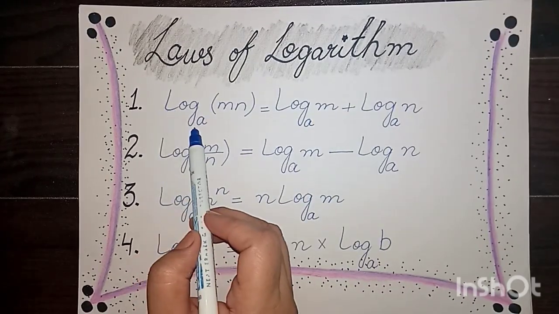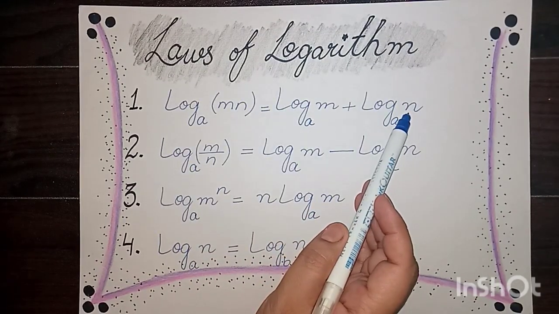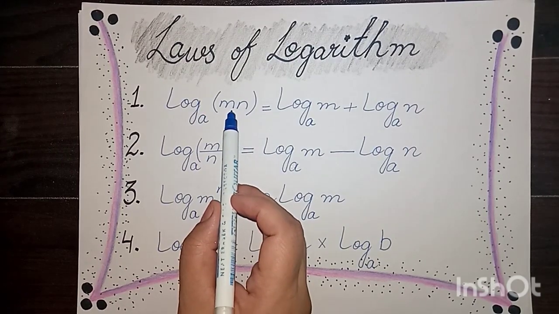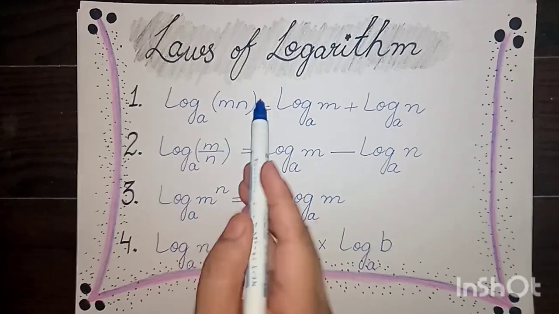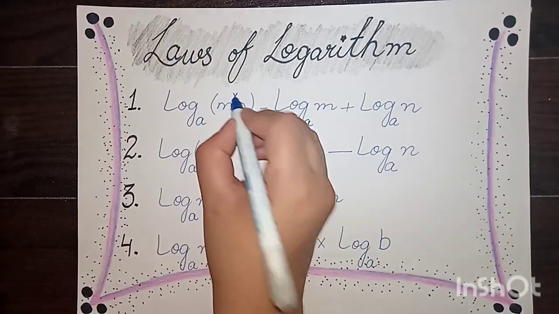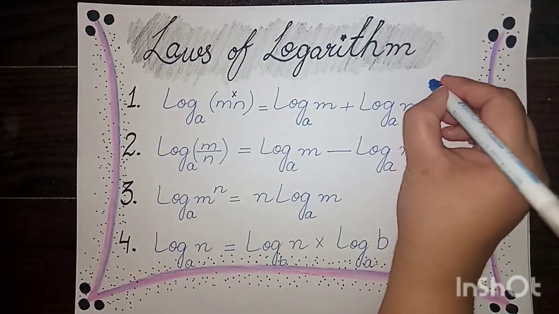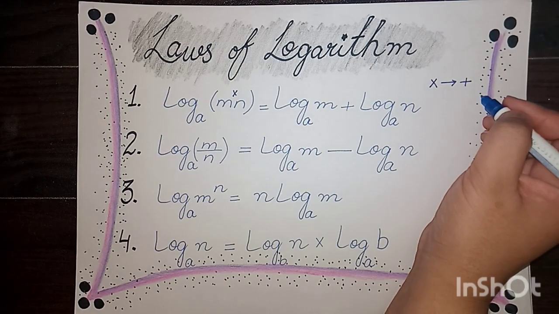This is log of a m plus log of a n. Means when two numbers have the multiplication sign in between them, we will convert this multiplication sign into plus form.